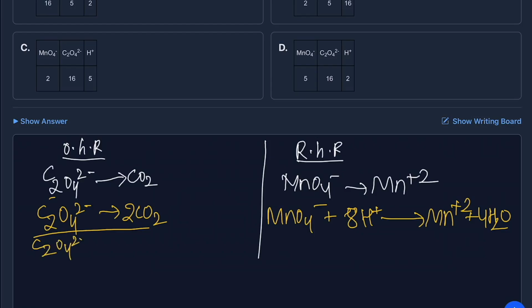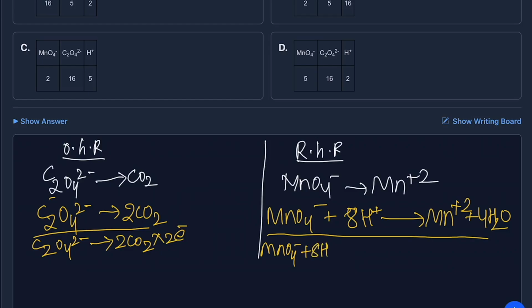C2O4 2 minus gives rise to 2CO2 plus 2 electrons. On the other side, the charge is 8 minus 1, 7, and 7 minus 2 is 5, so we have to add 5 electrons. MnO4 minus plus 8H plus plus 5 electrons gives rise to Mn 2 plus plus 4H2O.